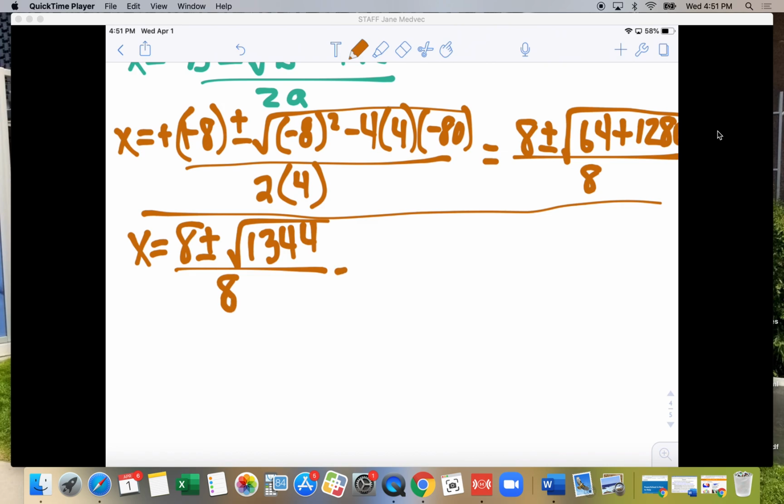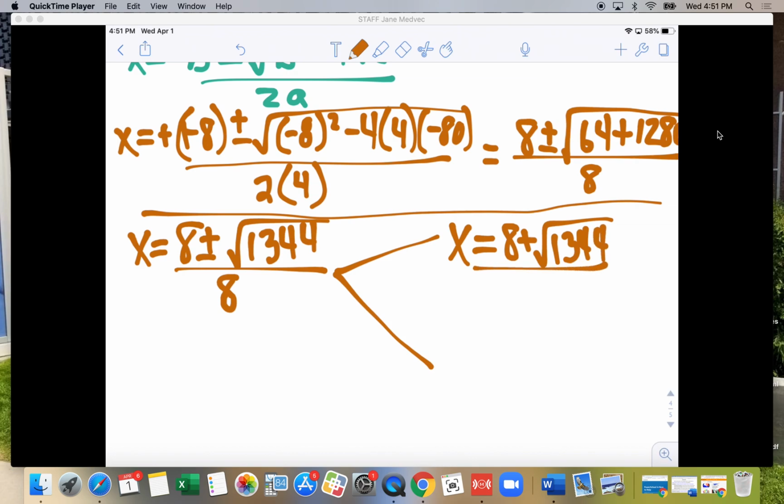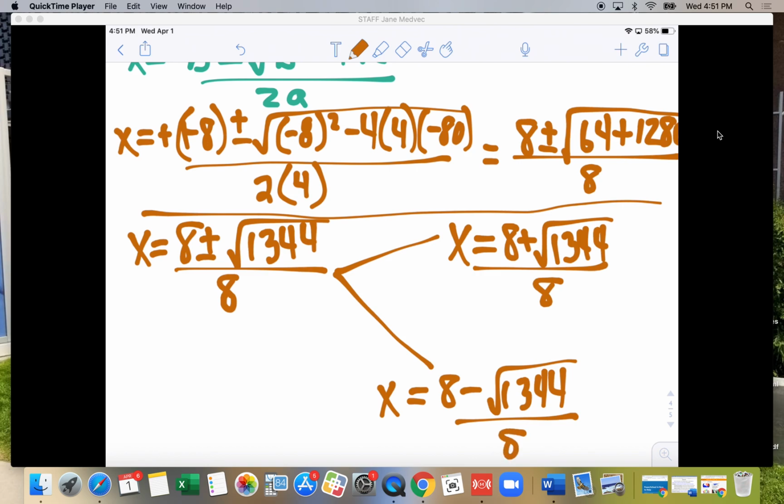Okay, now what I'm going to do is split it off. I've got x equals 8 plus the square root of 1,344, over 8. And I've got x equals 8 minus the square root of 1,344, over 8.